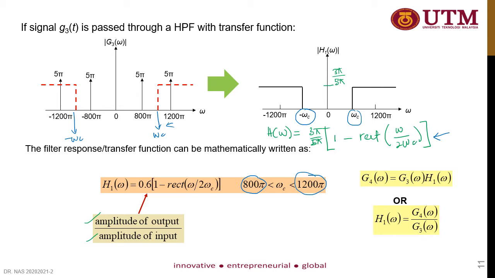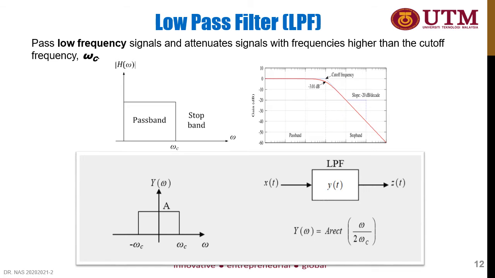On the other hand, the filter response can also be written as H(omega) equal to the ratio of the output over the input signal. Okay, now let's look at the low pass filter. A low pass filter will pass through low frequency components and attenuate higher frequency components.